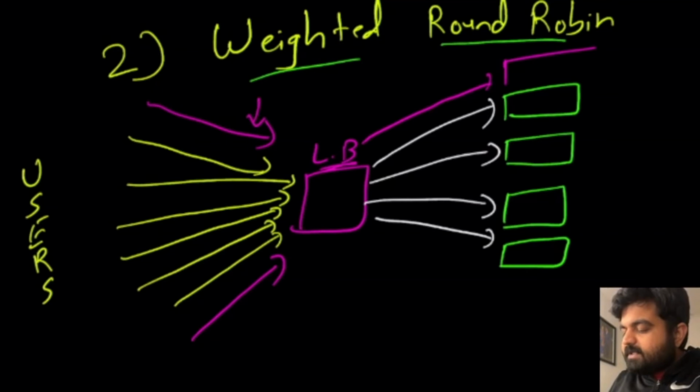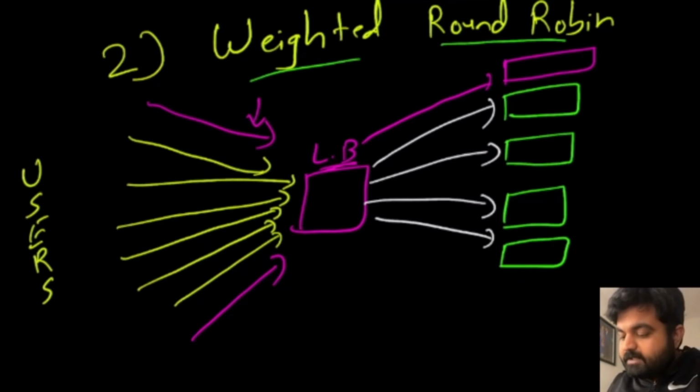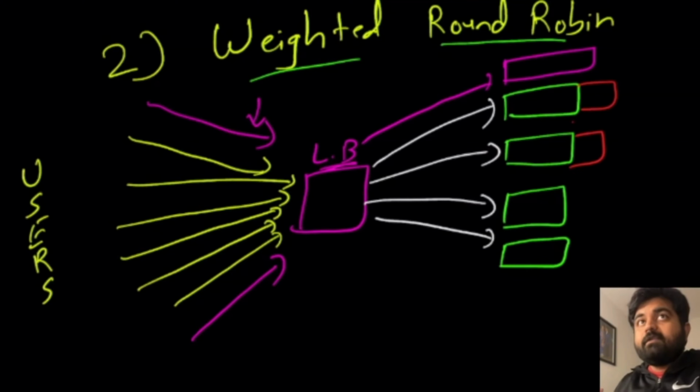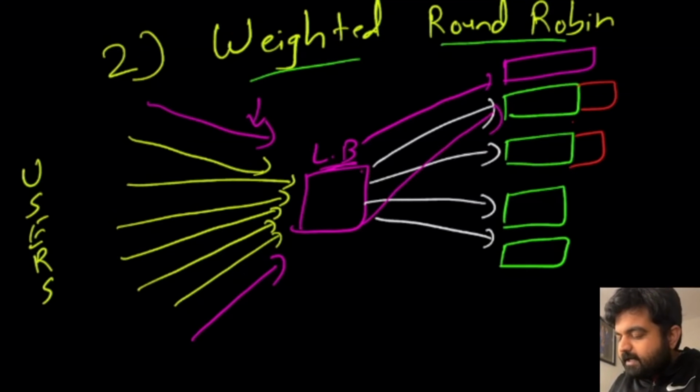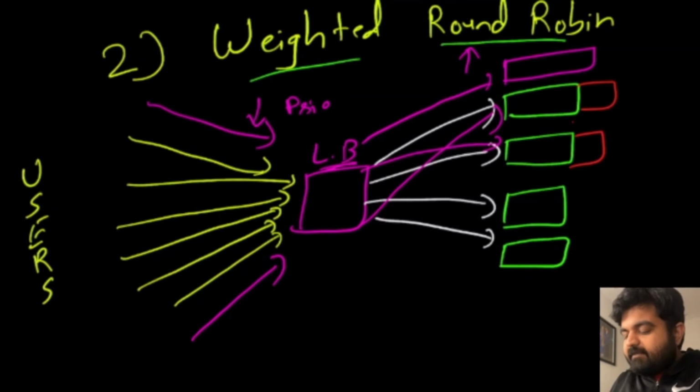Maybe we send them to a separate server that is more powerful and specifically meant to handle these kinds of priority requests. Or it could be that amongst the available servers, we have 2 servers that are more powerful than the rest. So whenever these special requests come in, we send them only to those servers. So basically, weighted round robin is a very similar approach to round robin, but the only difference is that now we are also considering the actual priority of the incoming traffic.